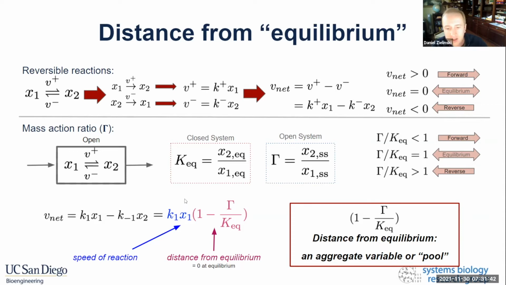So oftentimes it's interesting to analyze how far they are from equilibrium, which is done as such. We've already defined our equilibrium ratio, which is the concentrations at equilibrium. We could define another parameter we call gamma, sometimes called Q, or reaction quotient.